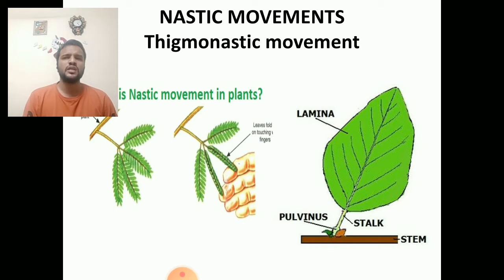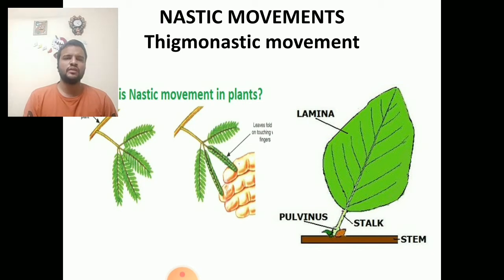When you touch the leaves of the touch me not plant, signals or impulses are created, and these impulses reach the base of the leaf called pulvinus, and finally reach the cells of pulvini. The pulvini cells are filled with water, and because of that the leaves are erect.